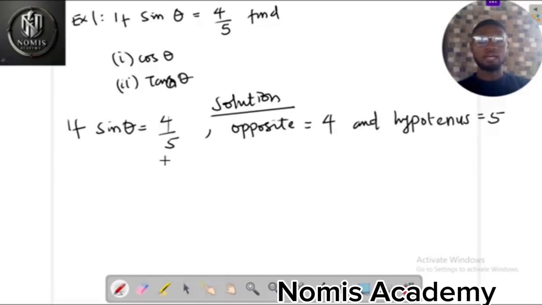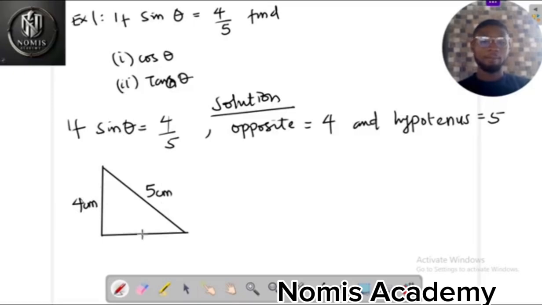So how do we now get the adjacent? Let us have the diagram. This is the diagram. We have the hypotenuse to be 5 centimeters, and the opposite to be 4 centimeters.